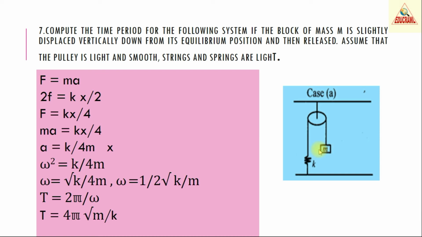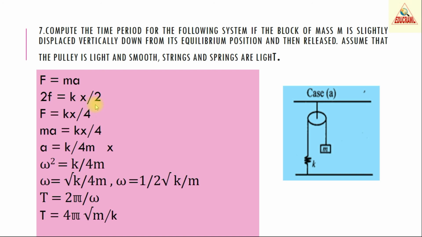So the force acting is given by F is equal to ma according to Newton's second law. Here the total force acting on these two strings is equal to F each. So the total force is equal to 2F, and due to the force, the extension produced is x by 2. So according to Hooke's law, we have F is directly proportional to the displacement.